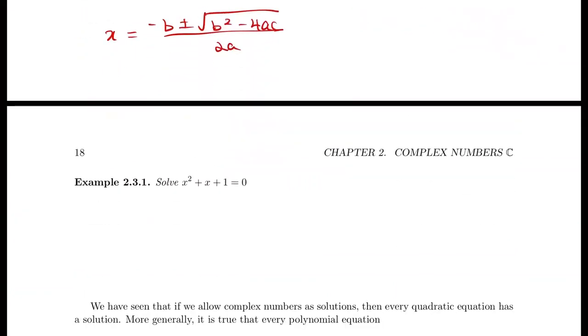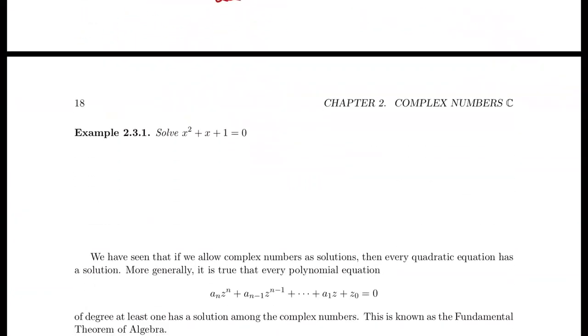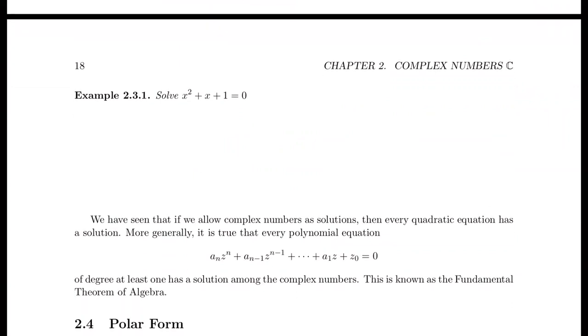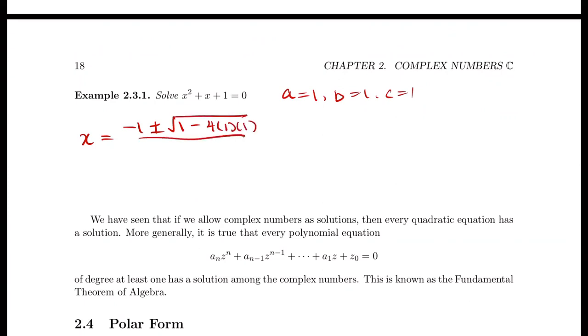For example, let's say we solve x squared plus x is equal to 1. If I use the quadratic formula here, a is equal to 1, b is equal to 1, c is equal to 1 as well. So x equals negative 1, plus or minus the square root of b squared, which is 1, minus 4 times 1 times 1, all of this divided by 2.